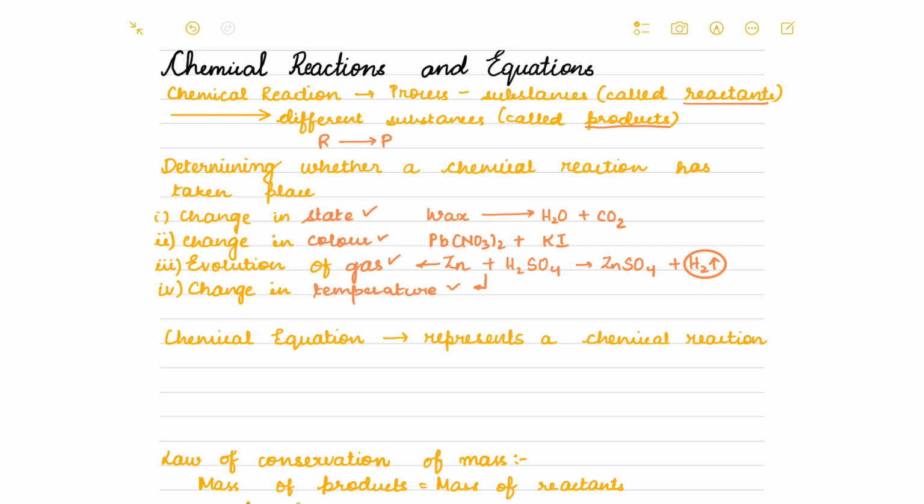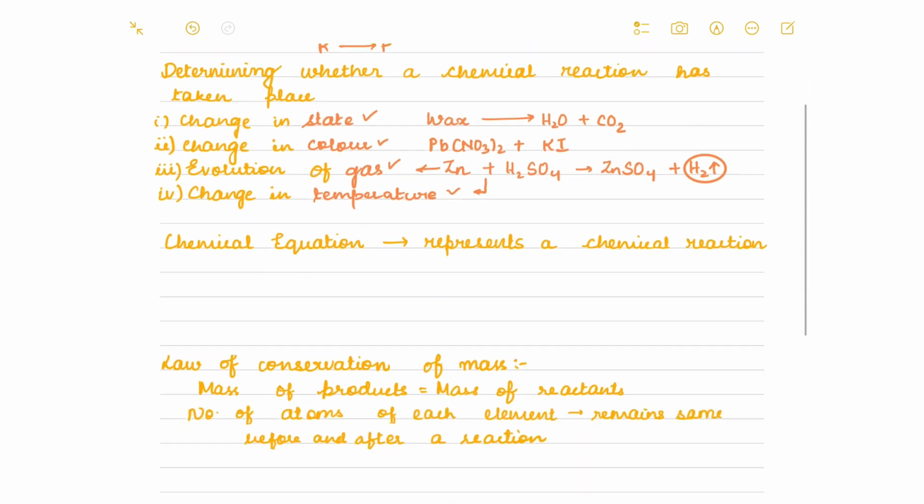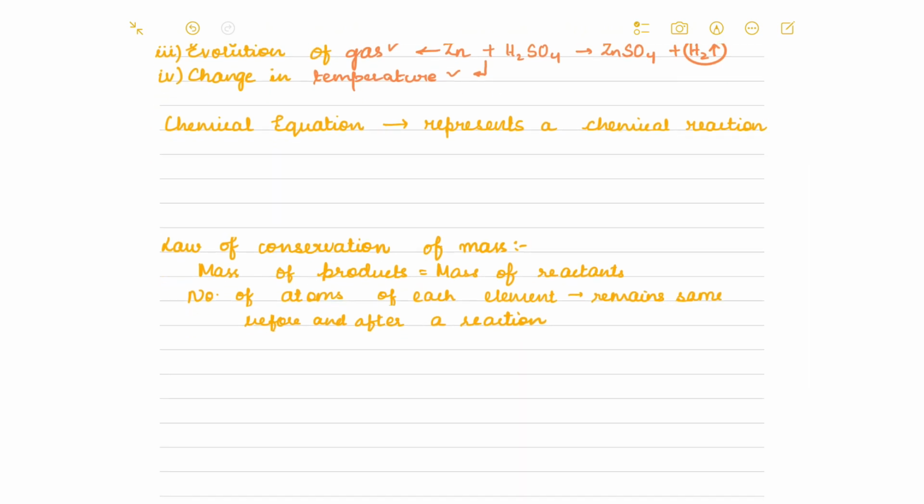Many times we have come across the word chemical equation. What is a chemical equation? Those that represent a chemical reaction are called chemical equations. For example, if I write here 2H2 plus O2 gives rise to 2H2O, it is a balanced chemical equation.